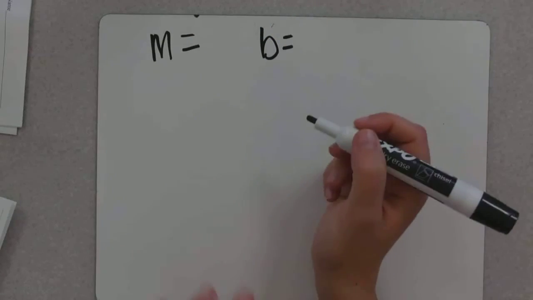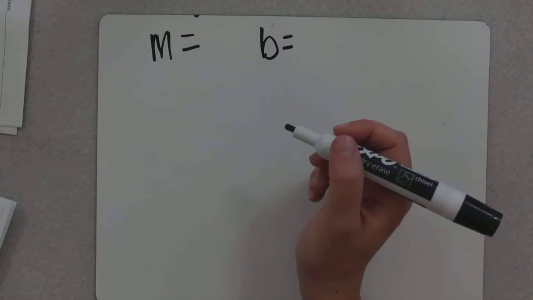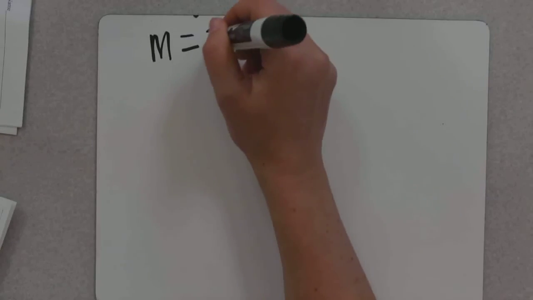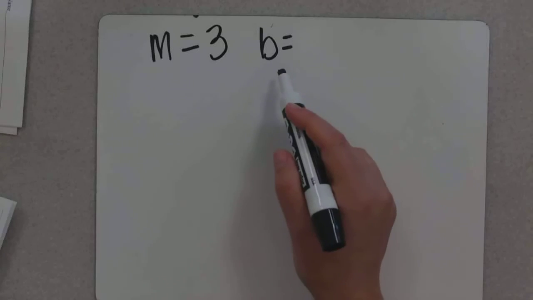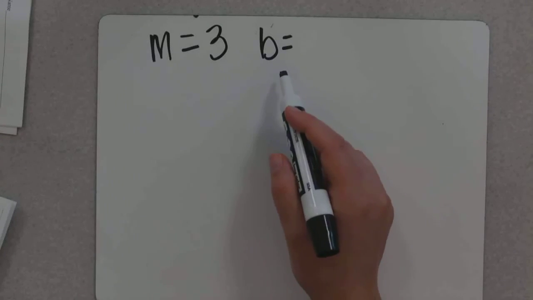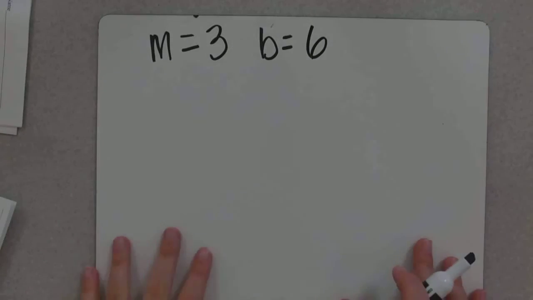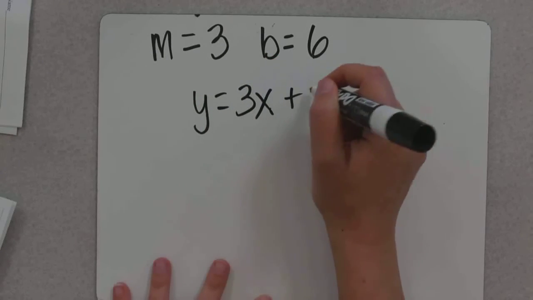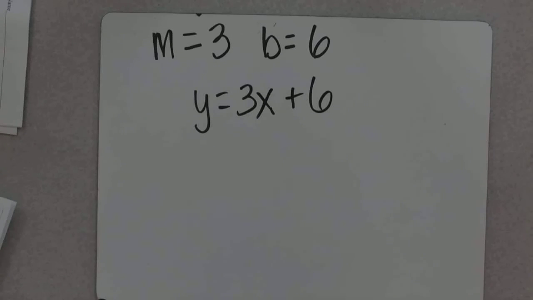So if you count your rise over run on that line, you're going to get 6 over 2. So my slope is 3. The b is the point where it crosses the y-axis, and that's just 6.